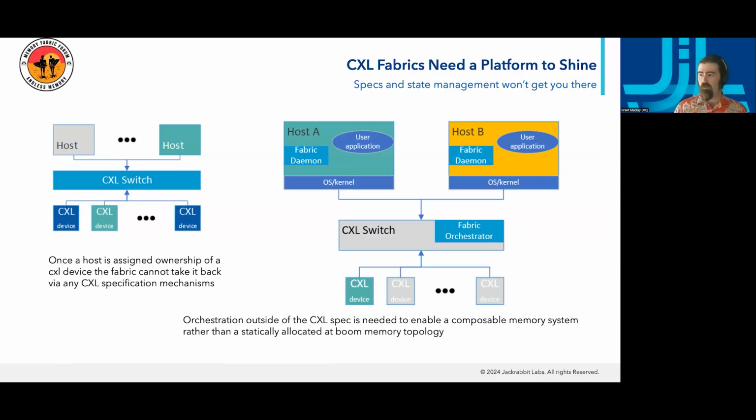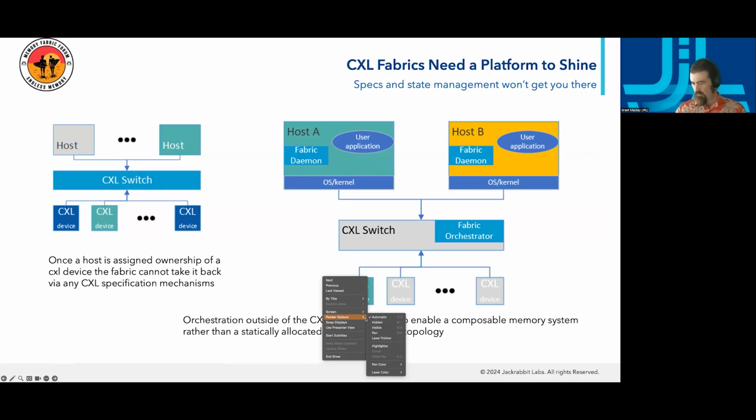So if I have two hosts, host A and host B, let me use the laser pointer. Here we go. Let's say host A owns the CXL device. If host B needs it, it can't take it. Host A owns it forever.